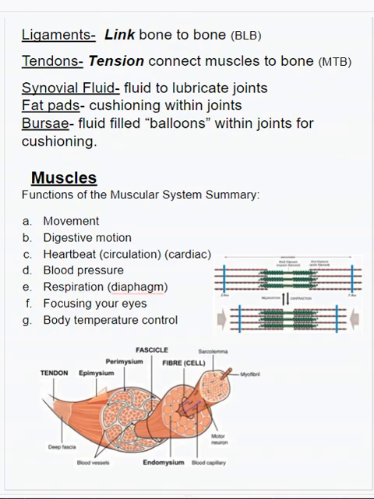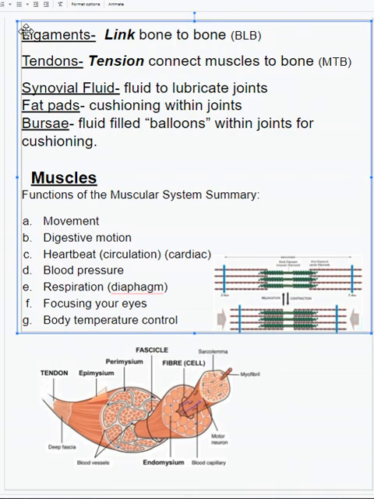Now let's talk about how we connect those bones to the movement that is created by muscles. So we've got a memory clue here for you. Ligaments link bone to bone. All right, that L there, for linking bone to bone, they do not apply any forces.